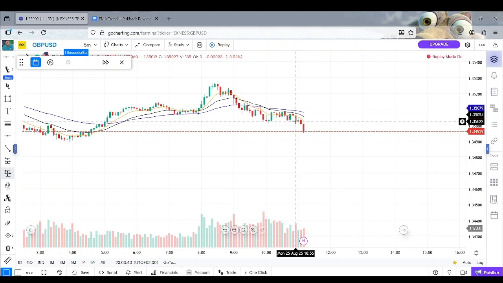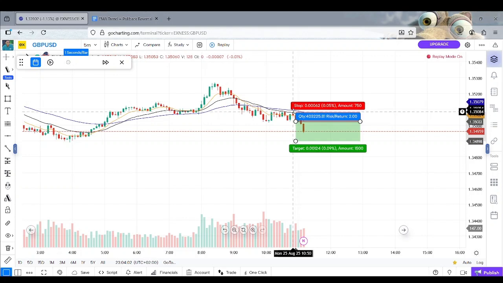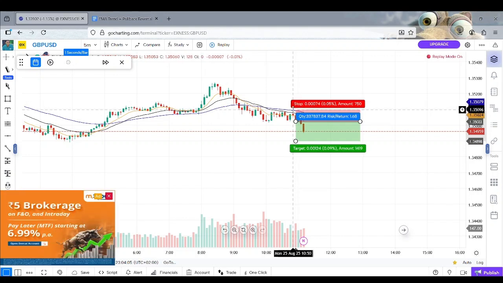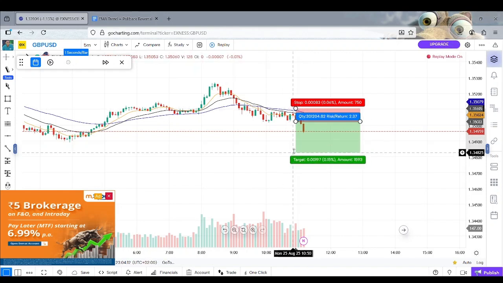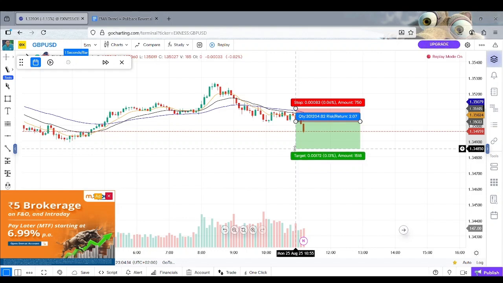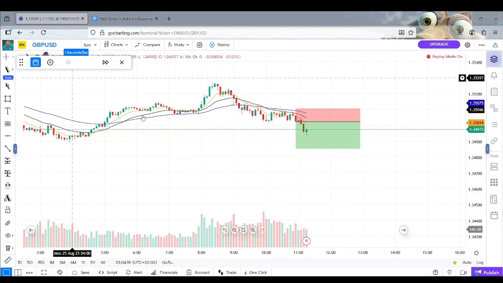So I saw here. So here, stop loss just above the 50 with a 1 to 2.4. Okay, let's give it 2.07, and then we go on.